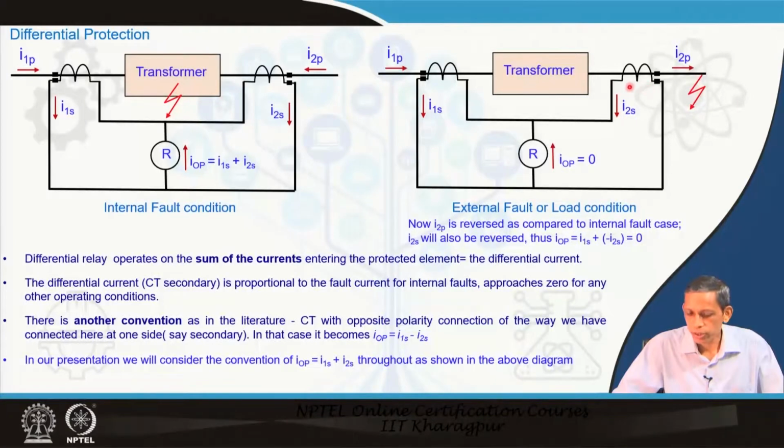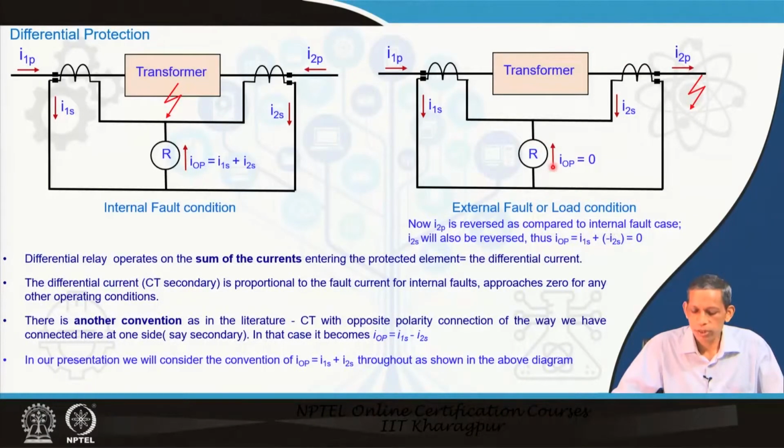That is why the direction of I 2 S will be in this way. The primary current remains the same, incoming current in this direction. So, with this CT polarity, the current will be leaving at this terminal. So, I 1 S remains the same as in the earlier case. So, I 1 S flows here and I 2 S leaves here.